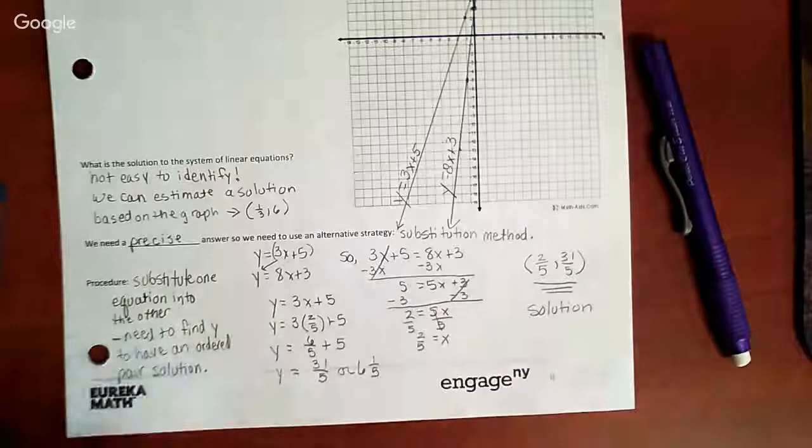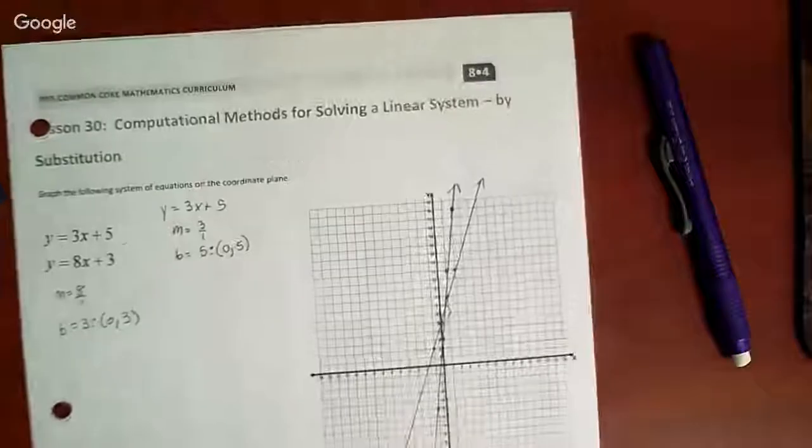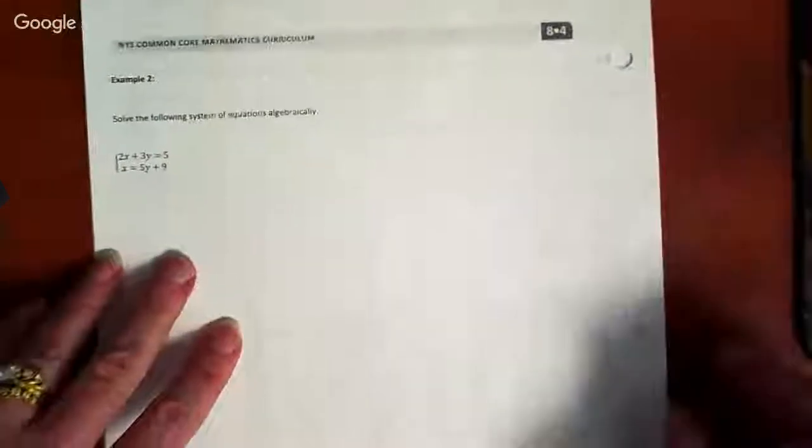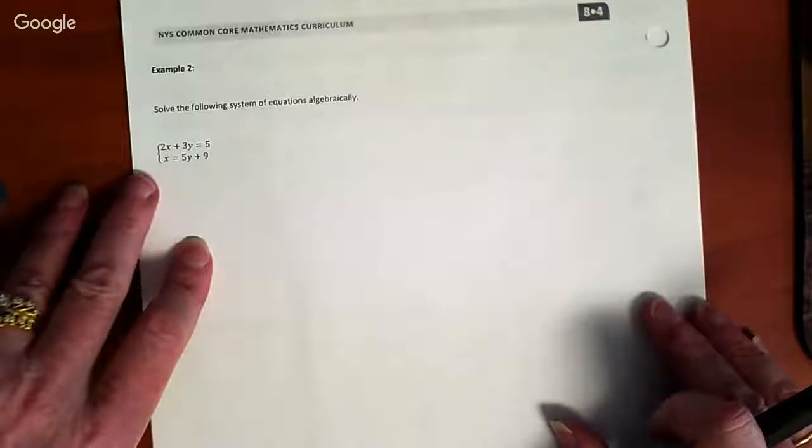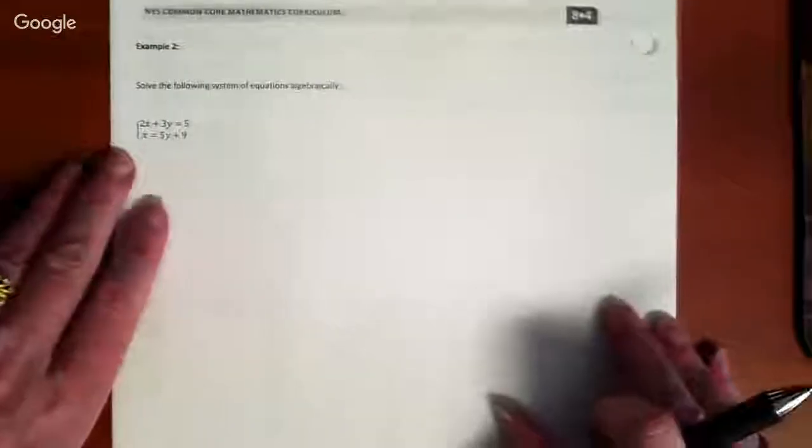So now, let us continue to our next equation. Okay, here we go. So let's solve this. It says solve the following system of equations algebraically. In other words, we're going to do it by substitution. Here I have x equals.